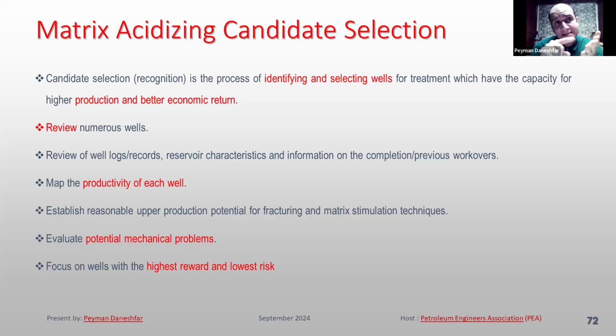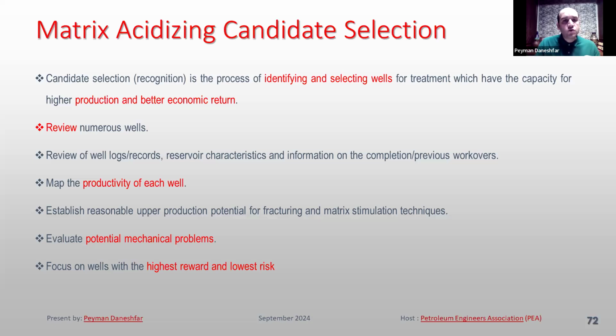If we do an acid job, does the money come back or not? If no, okay, leave it. Do low-cost stimulation jobs, establish reasonable expectations, evaluate potential mechanical problems, and check the formation damage. Focus on wells with the highest reward and lower risk.